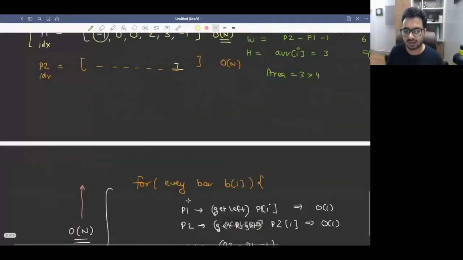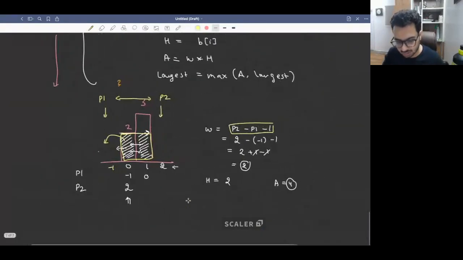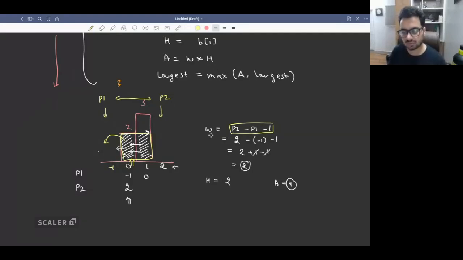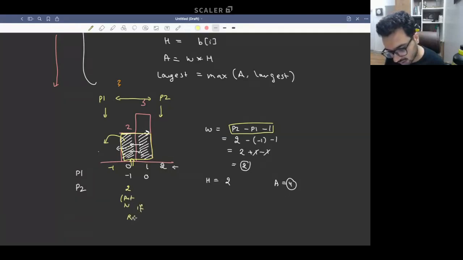If you don't find an element on the right, suppose I put minus 1. Then the width I will get is minus 1 minus minus 1 minus 1, so my answer would have been minus 1. But this is not the correct width. So I need to substitute this value with the number of elements in the array, that is n, and in this case it is 2. So basically put n if the right smaller element does not exist.